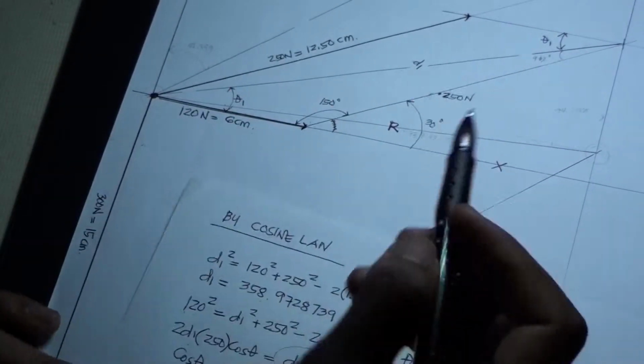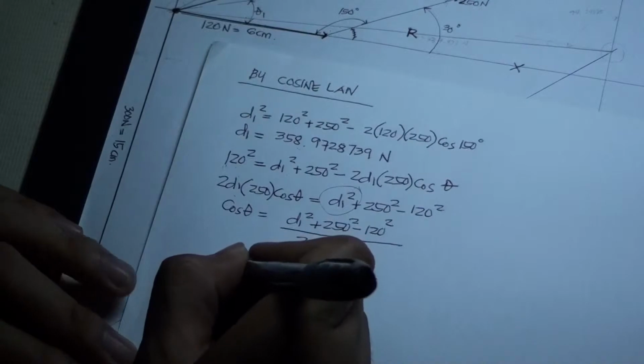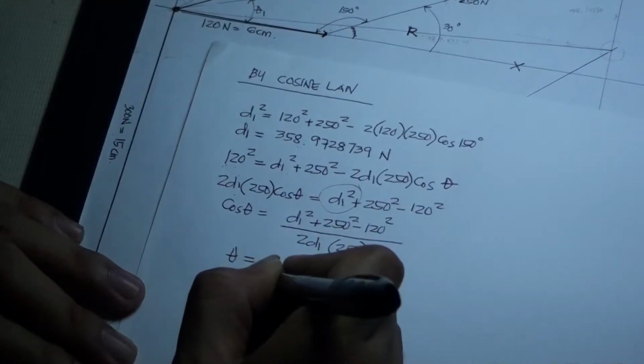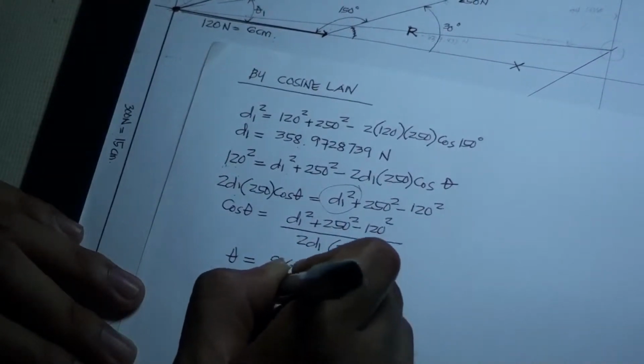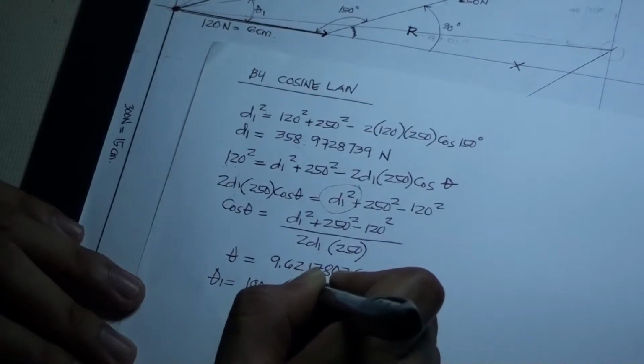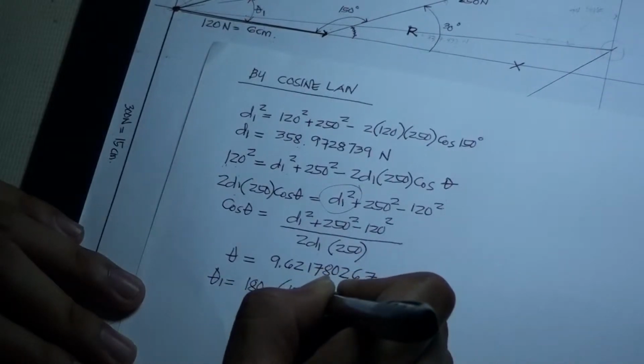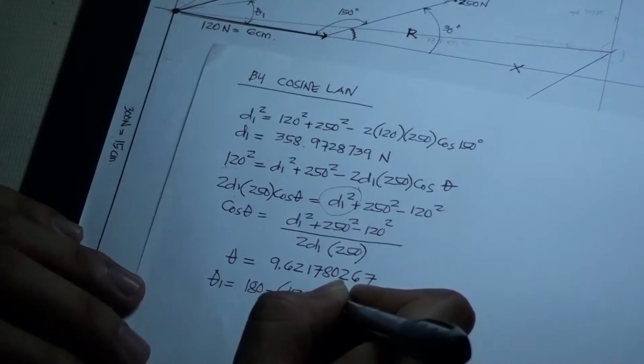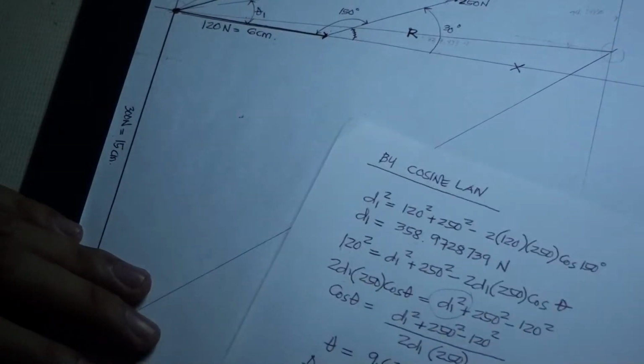So solving it now, theta sub 1 is just equivalent to 180 minus the sum of 150 and 9.62.